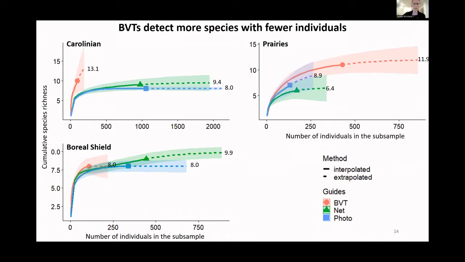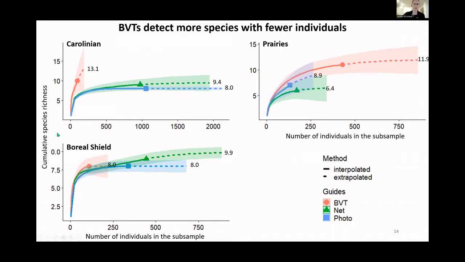And the main pattern I'd like to point out is that blue vein traps detect more species with fewer individuals. So we can see for all of the figures, the red curve is above the green and blue curves at a low number of individuals.